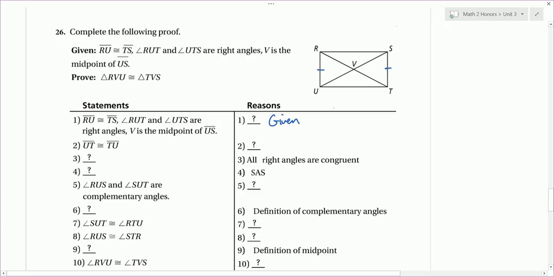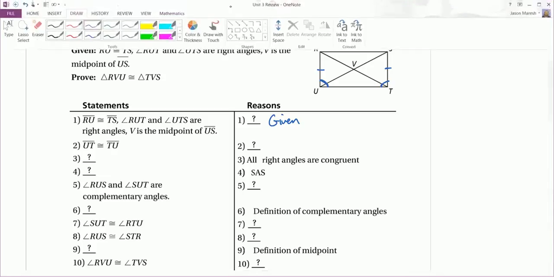We also know that angle RUT, this whole thing here, is congruent to UTS, right here. I guess we don't directly know they're congruent, but we can get there. They're both right angles, and I drew that wrong a little bit.